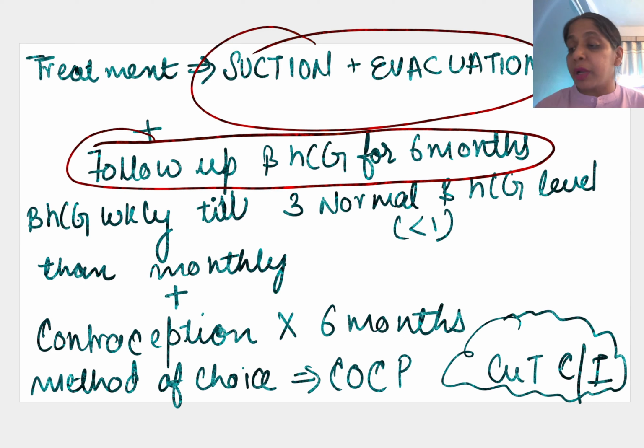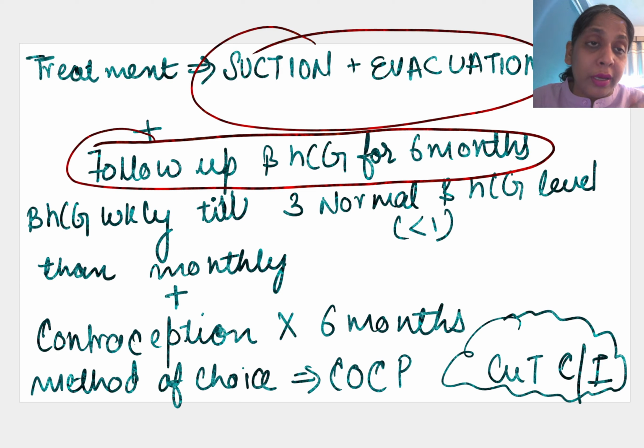6 month follow up, 6 month contraception. See, a question was asked in FMG, I think in 2021, about serial beta hCG. Serial means many times, one after another. Let me tell you the correct term. Which of the following conditions requires serial determination of hCG?